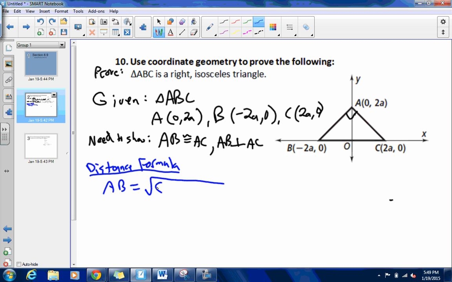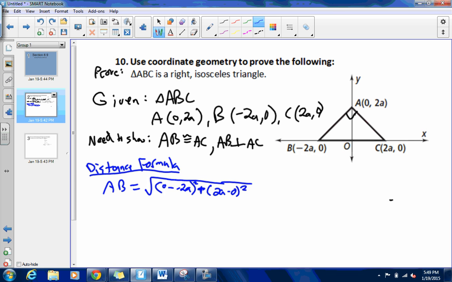So let's plug those in. This one is the first one, so 0 minus negative 2a, and we'll square that, plus 2a minus 0 squared.